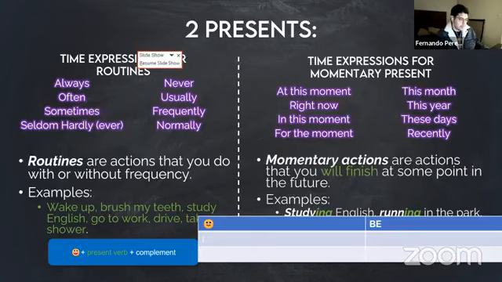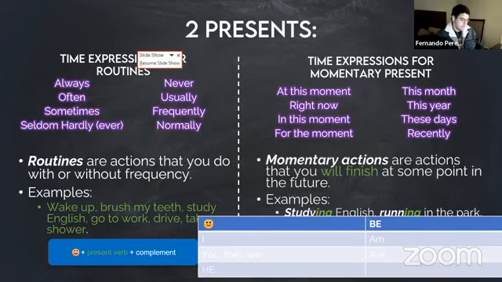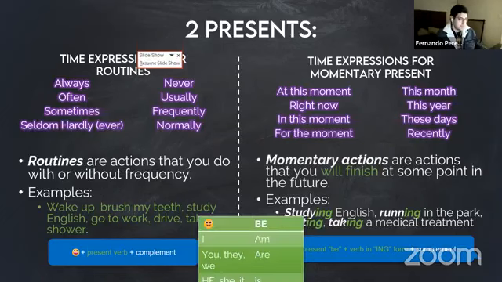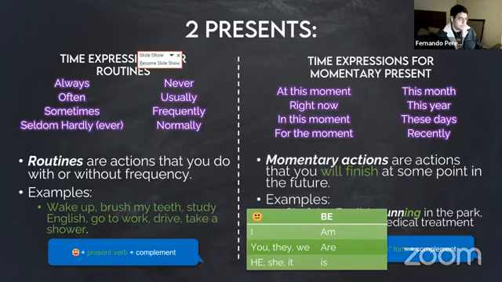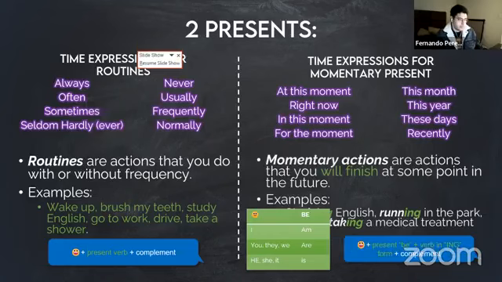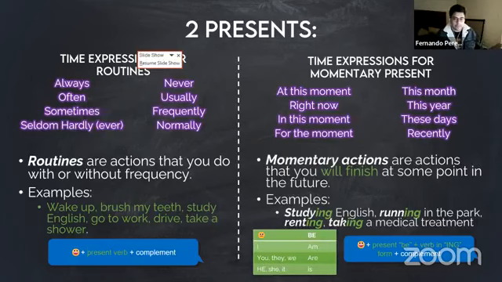For I am, for you, they, we are, and for he, she, it is. This is the verb that I am talking about in this case. It's collocated over here. Present be.